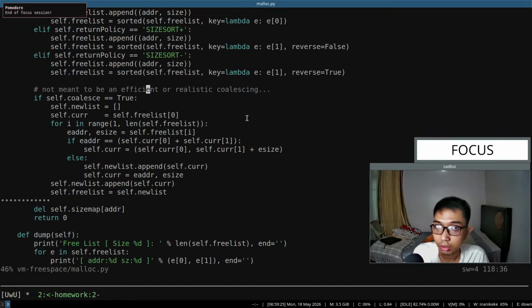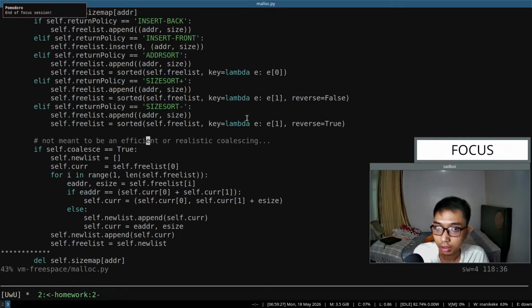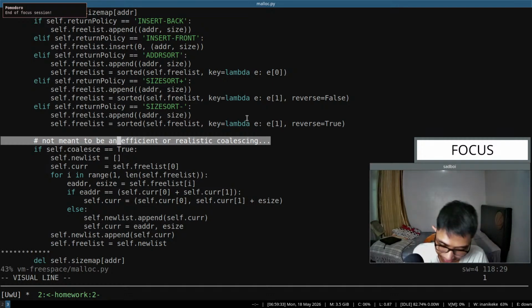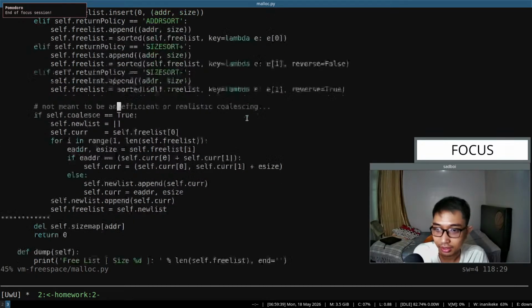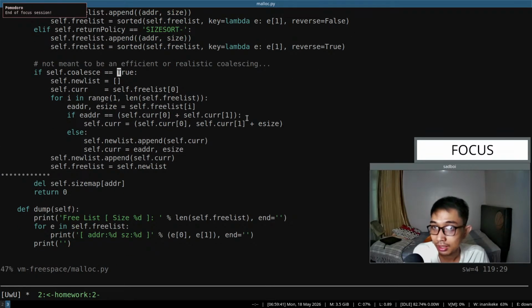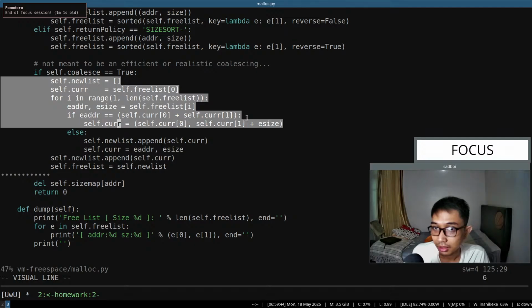Not meant to be an efficient or realistic coalescing. Alright. Okay, save core. Okay.